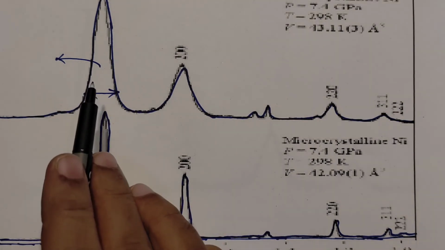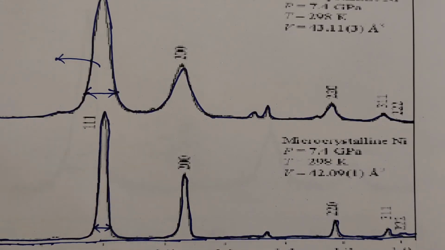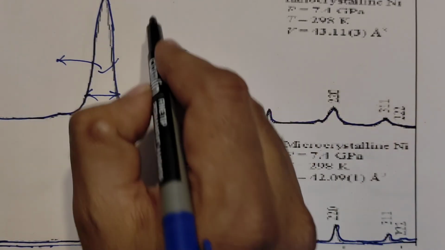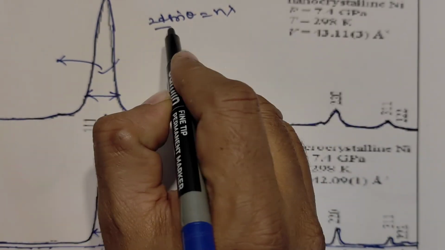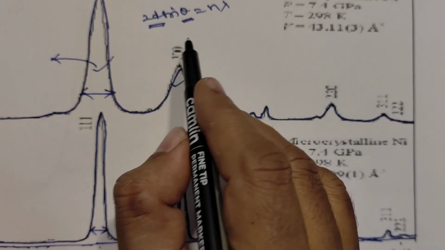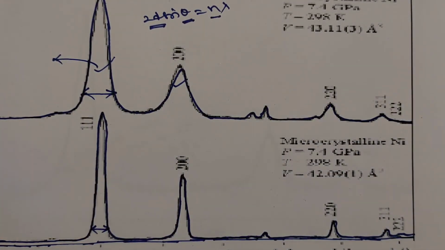So based on the peak width, it is possible to understand the size of the crystallites present in that particular material. And the positions of these peaks are decided by the condition 2d sin theta equals n lambda. For different sets of planes, we have different d values, and theta is related to the glancing angle, n is the order of diffraction, lambda is the source.